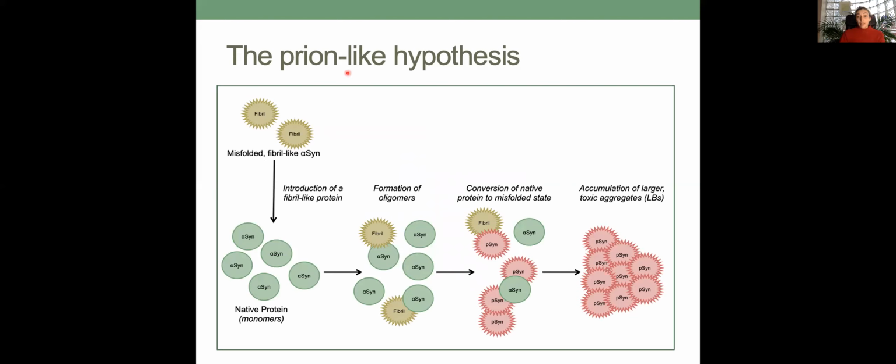The idea then is that at some point, a person may come into contact with alpha-synuclein that is misfolded or in a sticky, fibril-like state. This sticky alpha-synuclein enters a body that is full of natural, healthy alpha-synuclein, which then starts to stick to it.